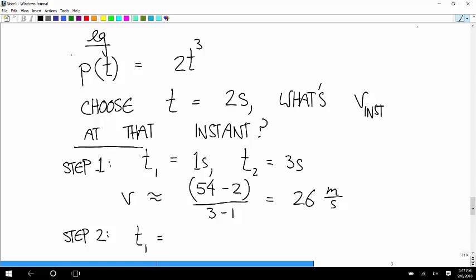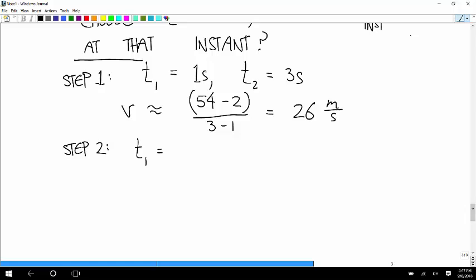But the way we're doing it is taking points on the 2 sides of the function and calculating an average velocity. So now I'm going to pick 2 points that are closer together. Okay. So let's say t1 is equal to 1.9 and t2 is equal to 2.1.